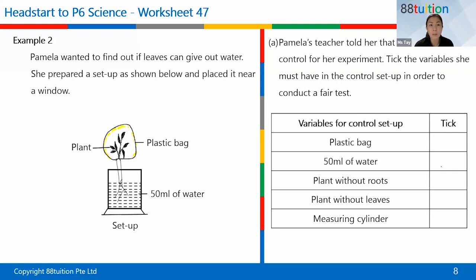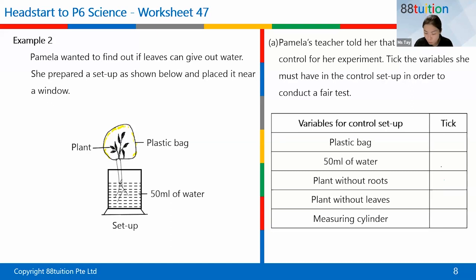If there's no leaf there and there is still condensation, then that means it's not the leaves that's giving out water. But if I have another setup exactly the same without the leaves, and there's no condensation in that setup, I can confirm that leaves give out water. And we know leaves actually lose water, right? They give out water in the form of water vapor.